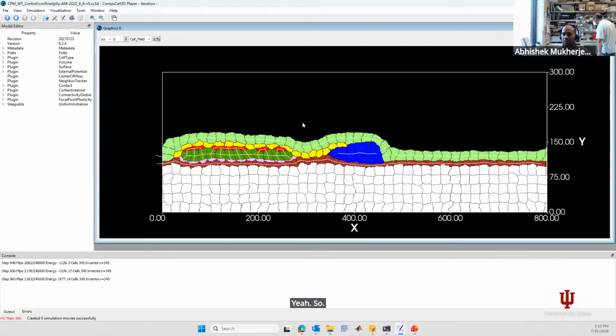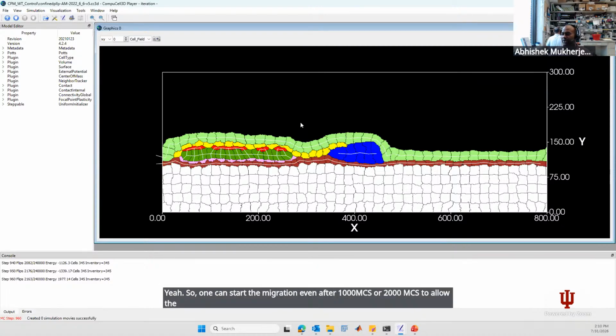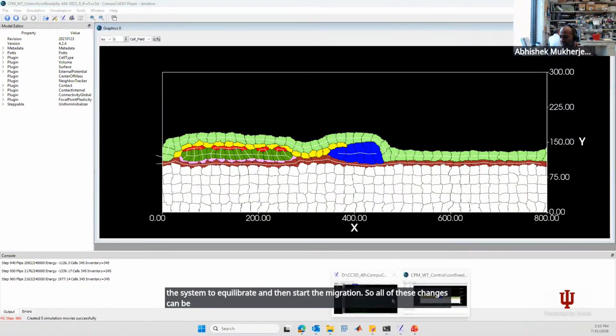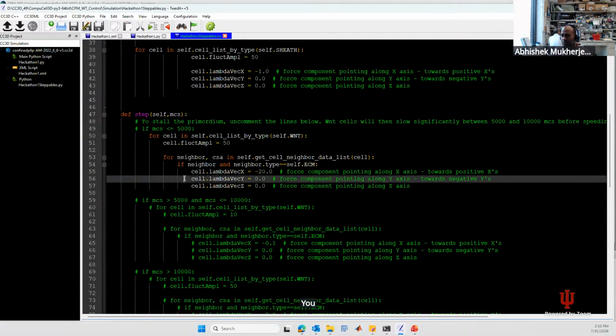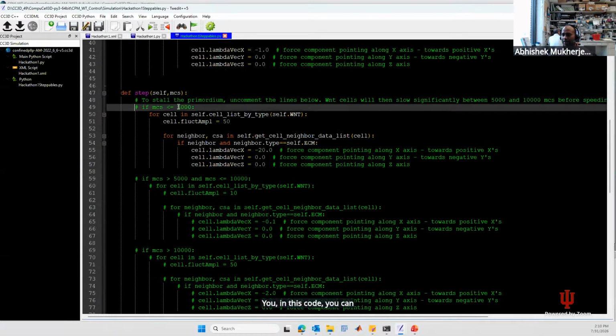So one can start the migration even after 1000 MCS or 2000 MCS to allow the system to equilibrate and then start the migration. So all of these changes can be done. For example, in this code you can uncomment this line and say if MCS is greater than, let's say, 500, then start migrating.